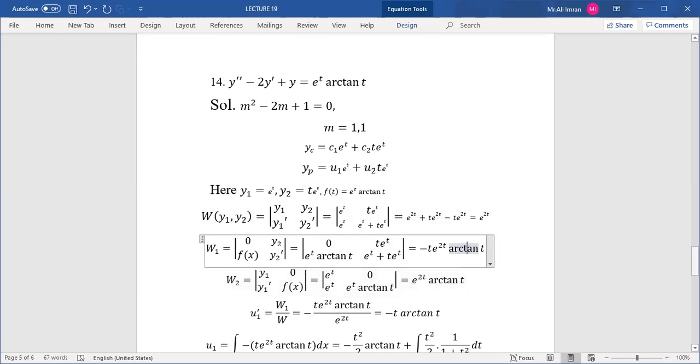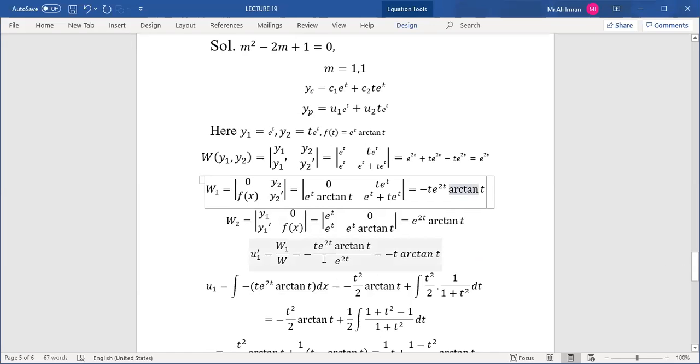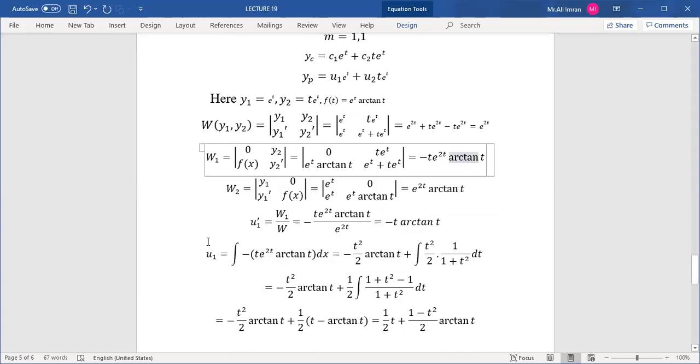In order to find the values of u1 and u2, u1 prime is equal to W1 divided by W, and we get u1 prime equal to minus t arctan of t. Now, to find u1, we integrate this.